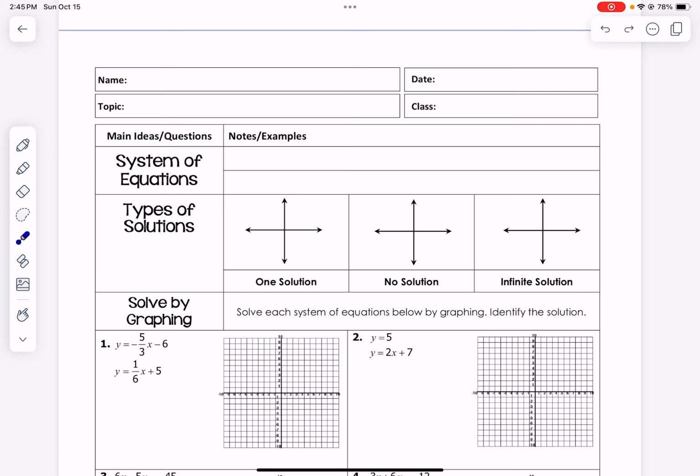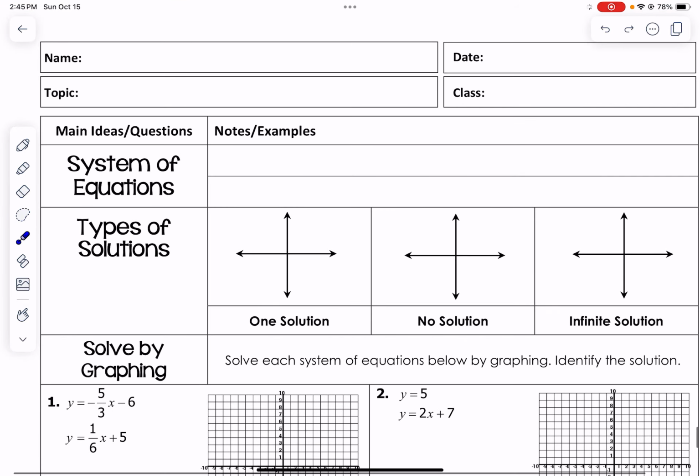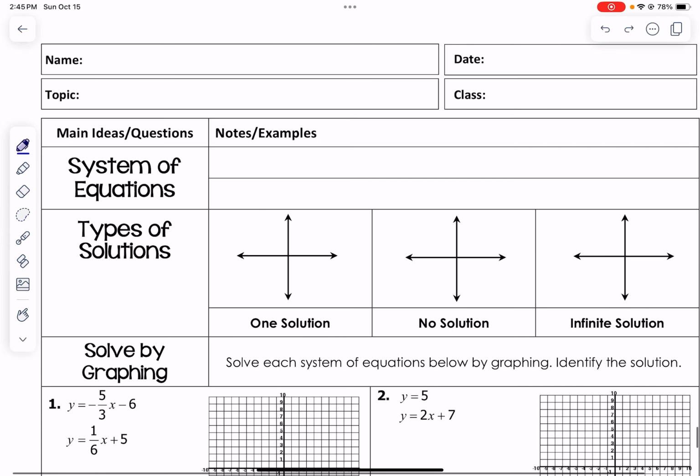So for today, I really just wanted to go over the main ideas of systems of equations and really how to solve them. Whenever we're dealing with systems of equations, all that really means is we're dealing with two or more linear equations.